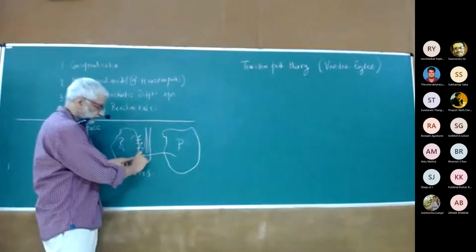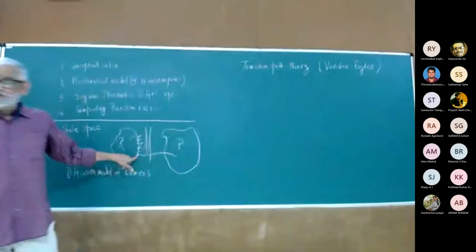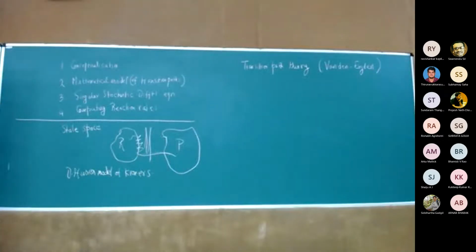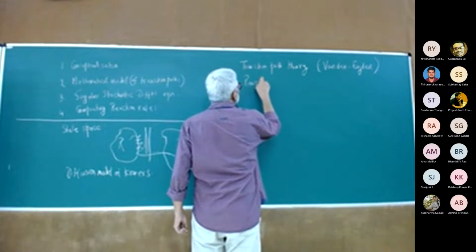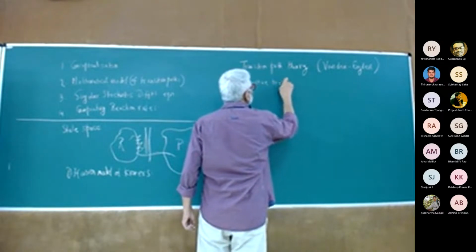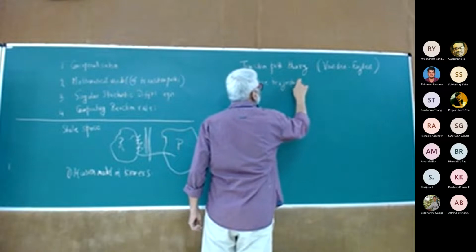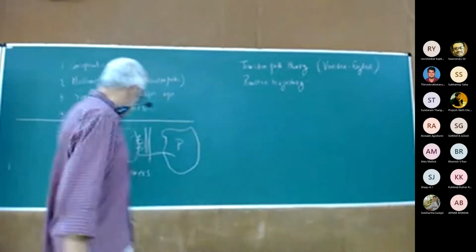This portion is where the particle never returns back. So the last time it was in the region R, from that point onwards until it hits P, that portion is called the reactive trajectory. That's this portion.